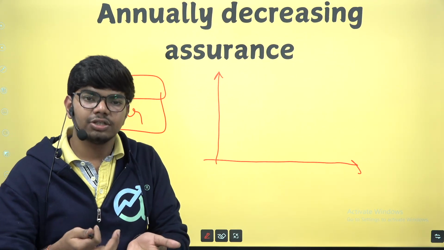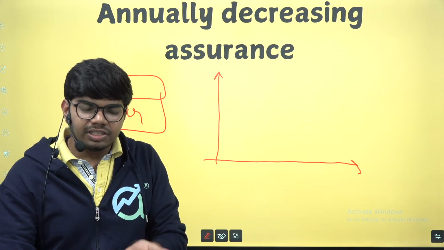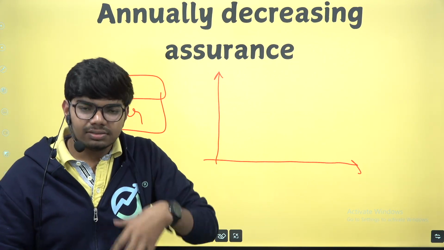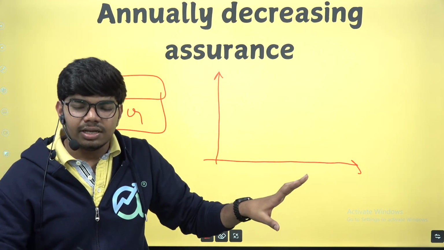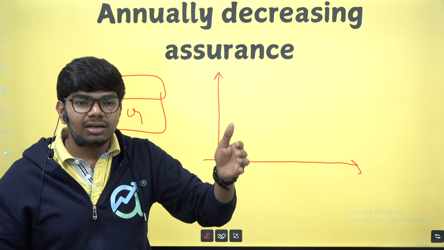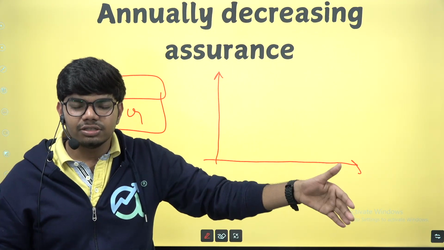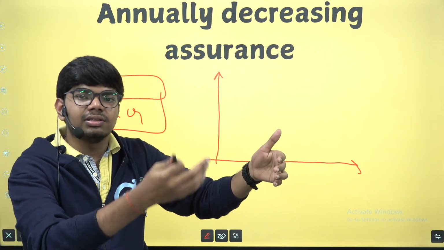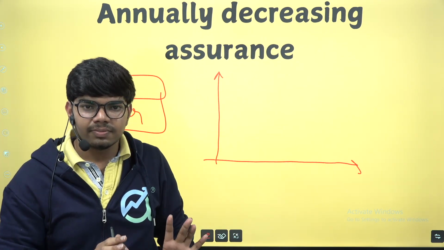Why not you buy an insurance policy which says that the insurance company will pay the bankers the money instead of your family members as and when you die. And since the outstanding loan is falling over the years, the sum assured or the death benefit for the policy will also fall over the years.